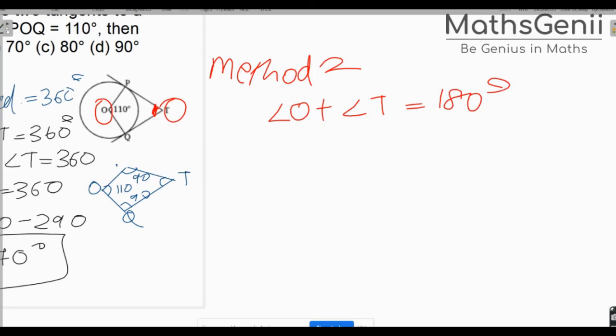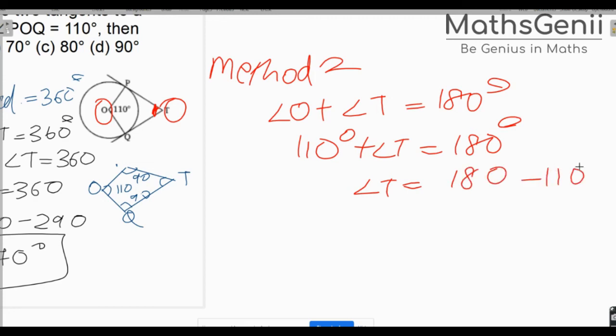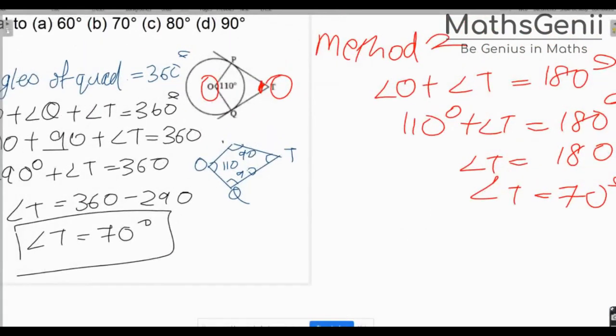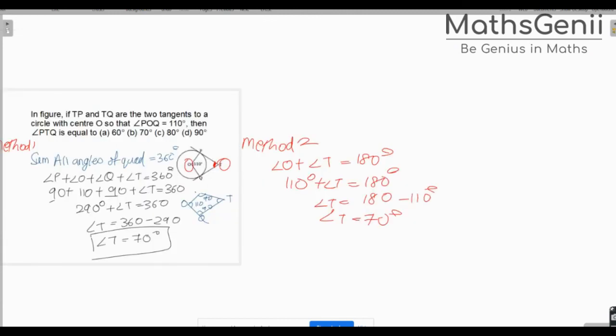We just studied it, right? In the previous slide, I showed you that the opposite angle sum is 180 degrees when inscribed inside the circle. Now O is 110, T I don't know. So T is 180 minus 110, so T is 70. This is one method and this is another method. Do as you please.